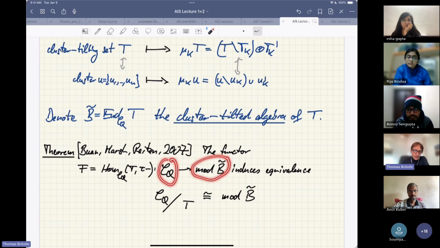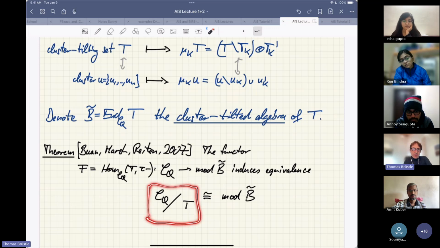B tilde. So Hom(T, -) defines a functor from left to right, and in fact these two categories are almost equal, I would like to say. They are equal up to n indecomposable objects. Namely, when I factor out the object T, when I delete the n summands belonging to T, then this quotient is isomorphic to the module category of B tilde.